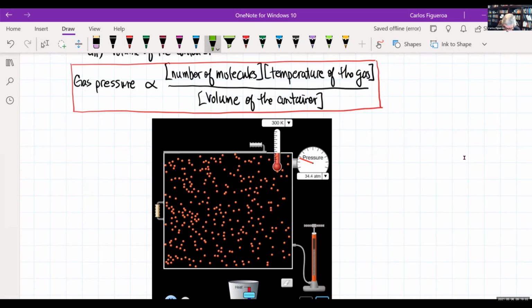What you're going to find here is that this guy right here is a pump. So this pump, what it does here is it tells us about the number of gas molecules.